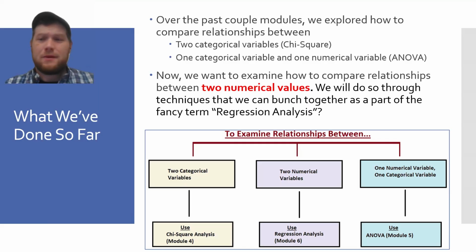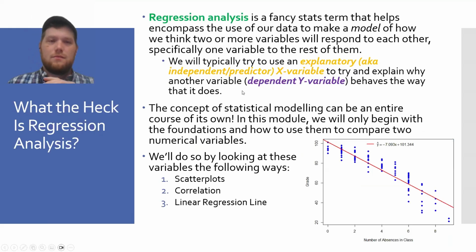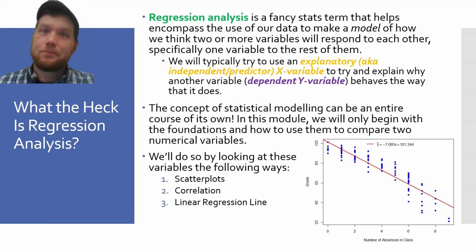So, again, in relationships, we've done the chi-square, we've done regular ANOVA, and now we're going to do the regression analysis, which actually involves another type of ANOVA. We'll talk about that too. Now, what the heck is regression analysis? It's a fancy stats term.